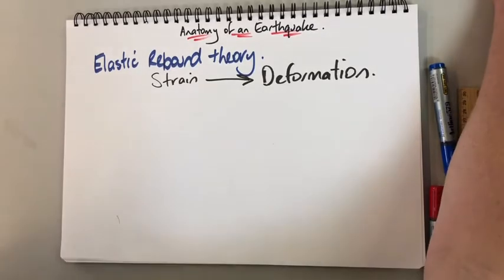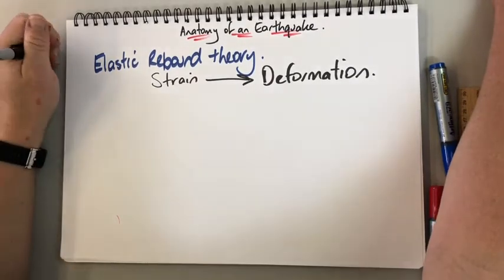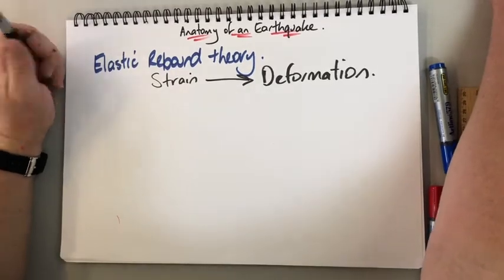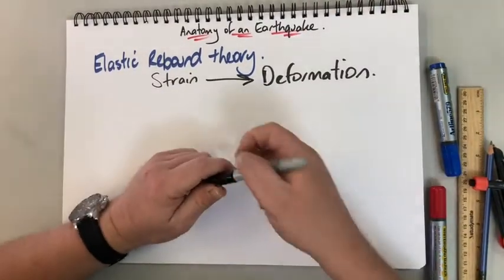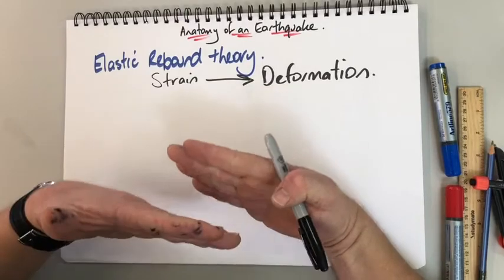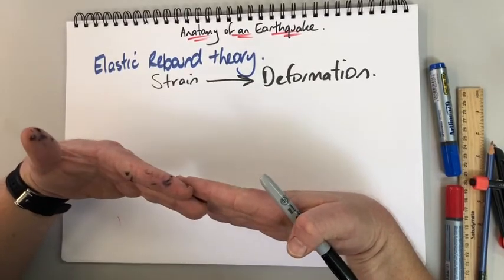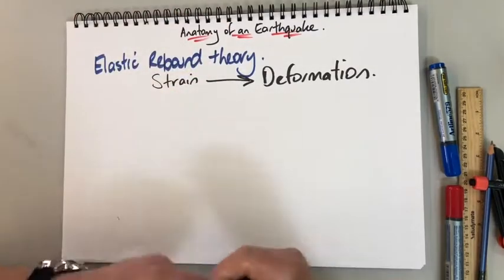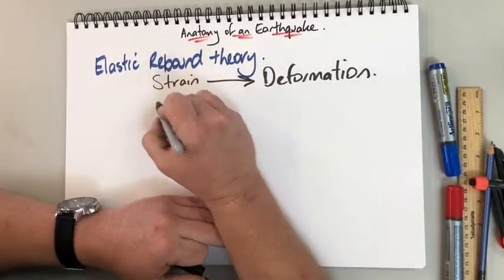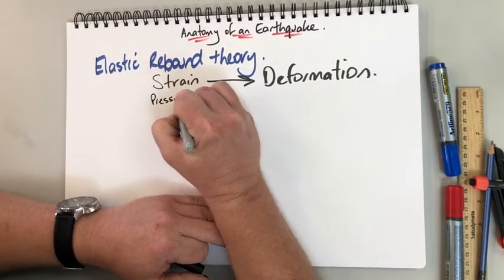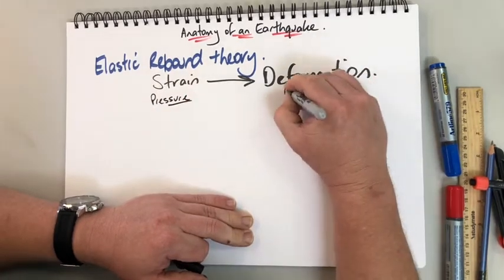So if you click on the slide, we've got elastic rebound theory. If you look at the pictures, you look at the ground, and then all of a sudden there's movement. The earth wants to move, and all of a sudden it does move, and there's deformation. So strain is the pressure, and deformation is the release.